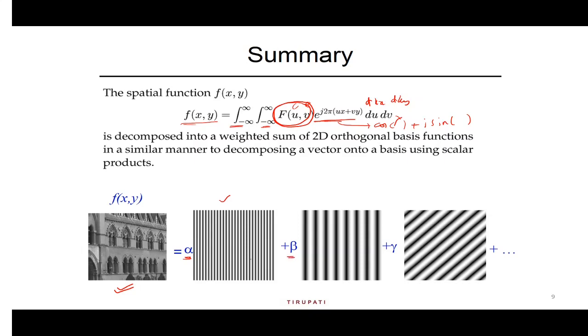For the horizontal, for example, you are reducing the frequency, and that would give you this. Then having both kx and ky, you would get it with some orientation. So it is a linear combination of all of these rotated and varying frequency images of two-dimensional sinusoids. You could think of f of x y in this manner.